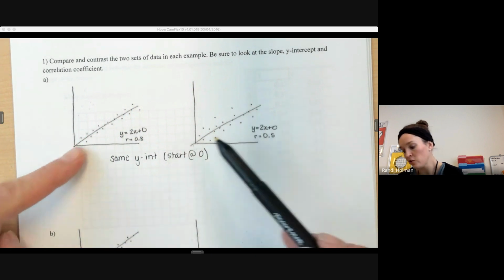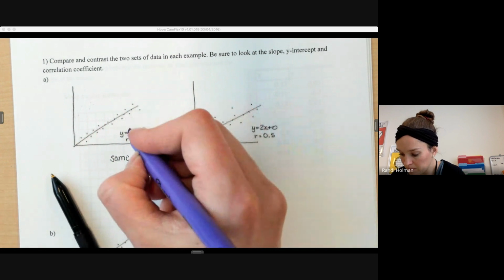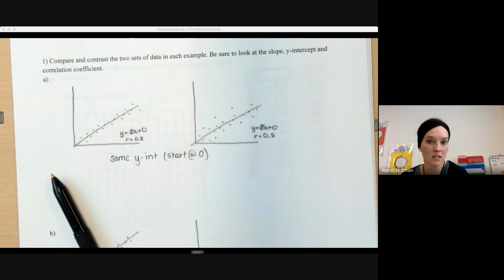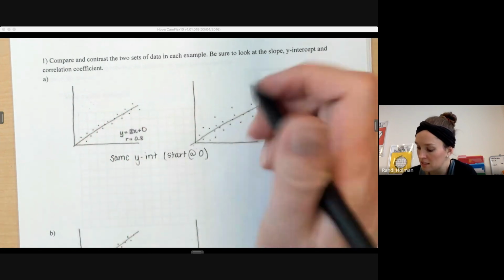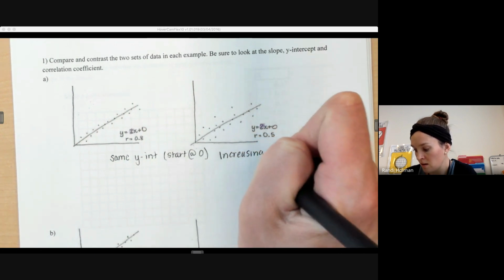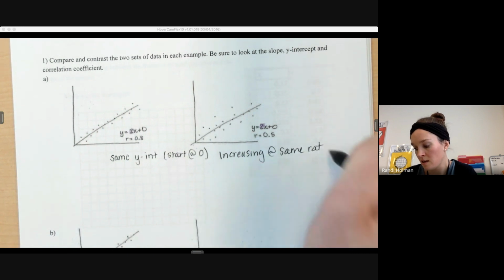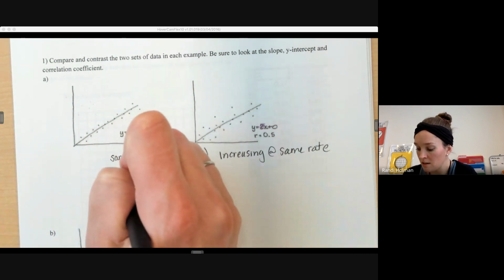They're both increasing, and they're increasing at the same rate, so we have the same slope. They both have positive correlation.